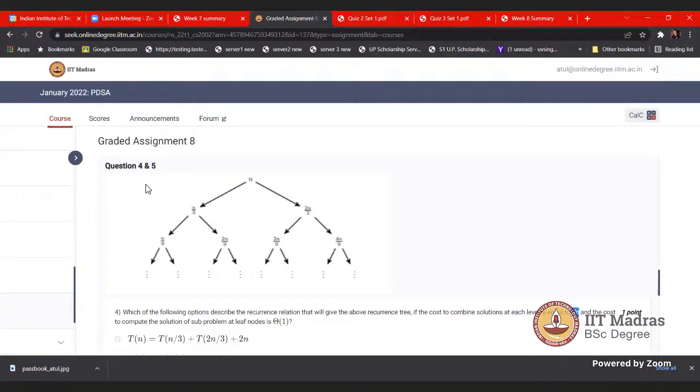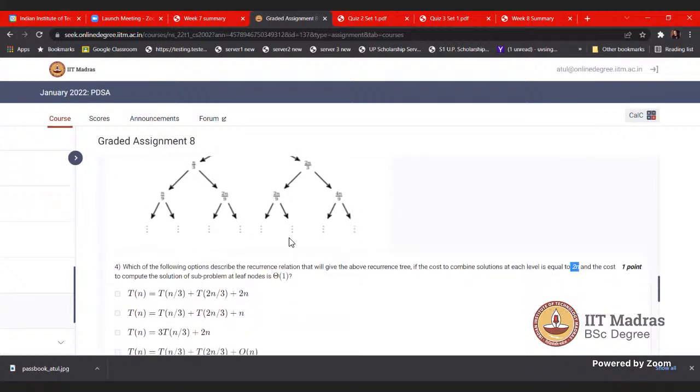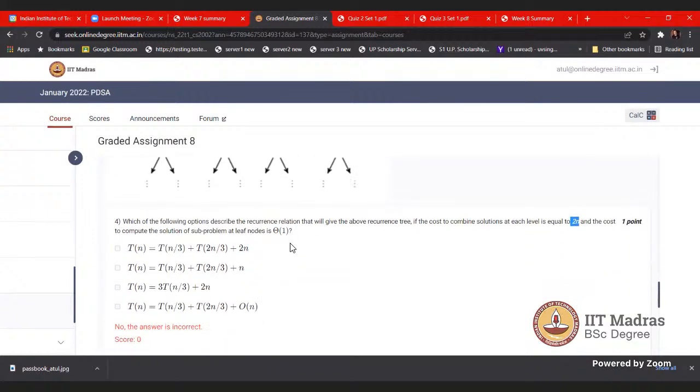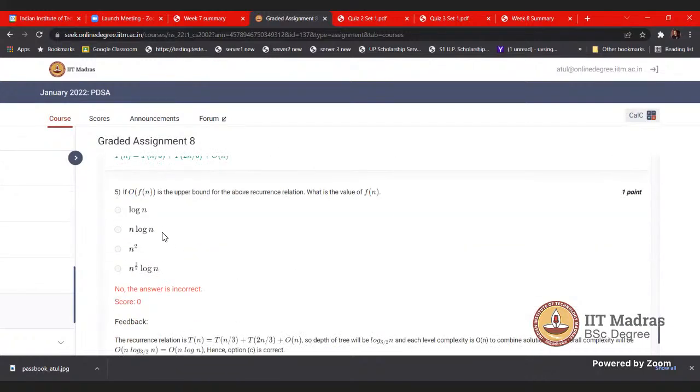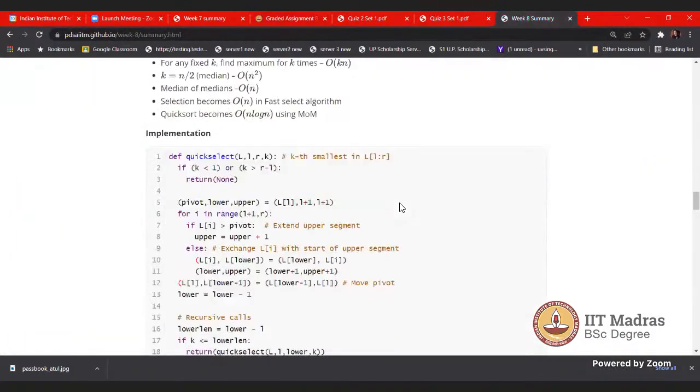So the height of this tree will be approximately log n. The base is different, but we consider it as log n. So here n to the power 3. I think one formula is given in the summary.